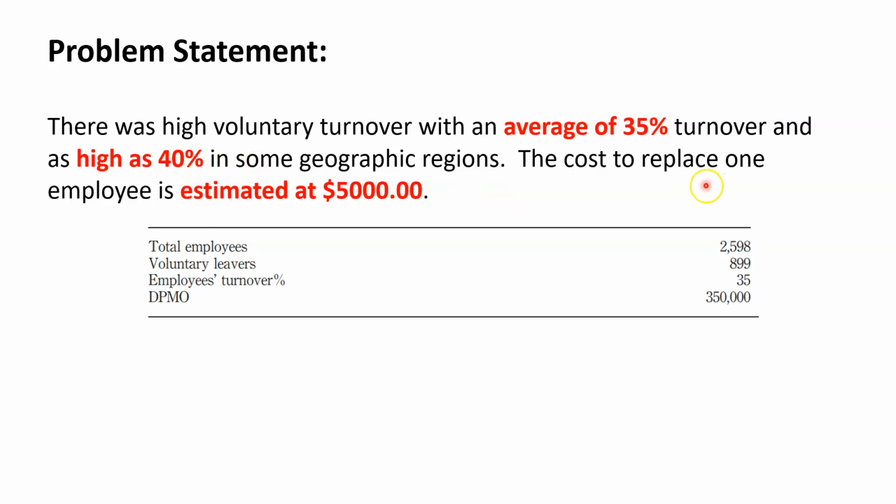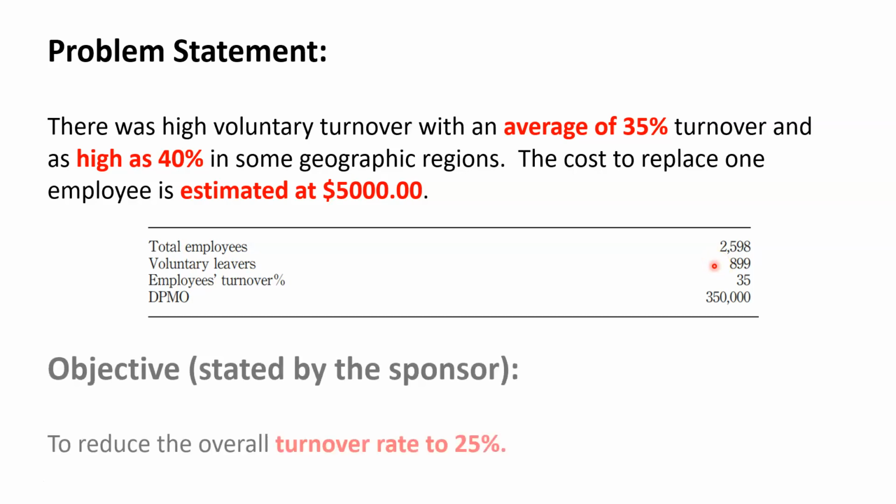The cost to replace one employee is estimated at $5,000. So you can see this is a very expensive problem. That amounts to 900 employees at $5,000 a pop, so we're looking at over $4 million of a problem that they have to address.